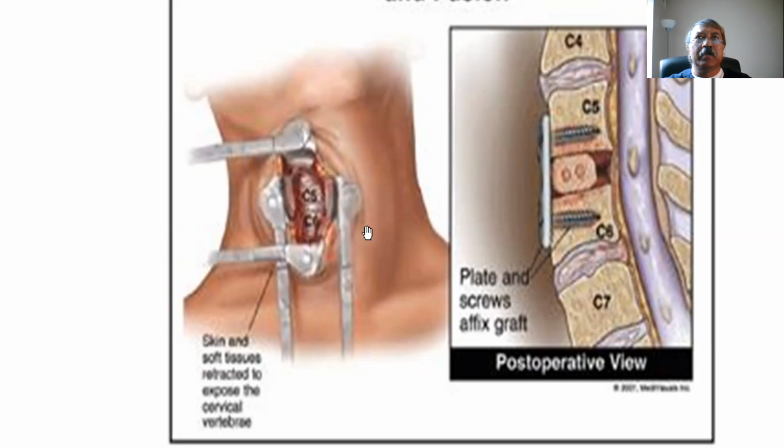This area now you're seeing here. So this is how the anterior cervical discectomy with fusion with anterior cervical plating and screwing is done with an iliac crest bone graft.